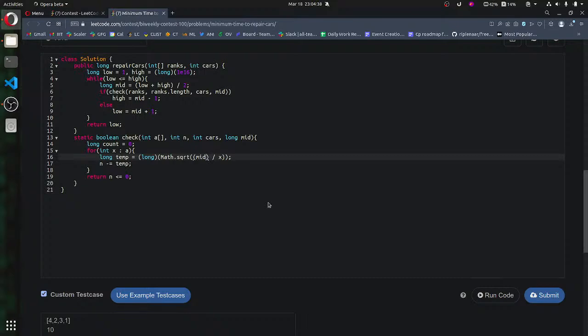So can't we give 2 cars to the first mechanic? 4 into 1 and 4 into 4 will be 16. You can give only 1 car to him.